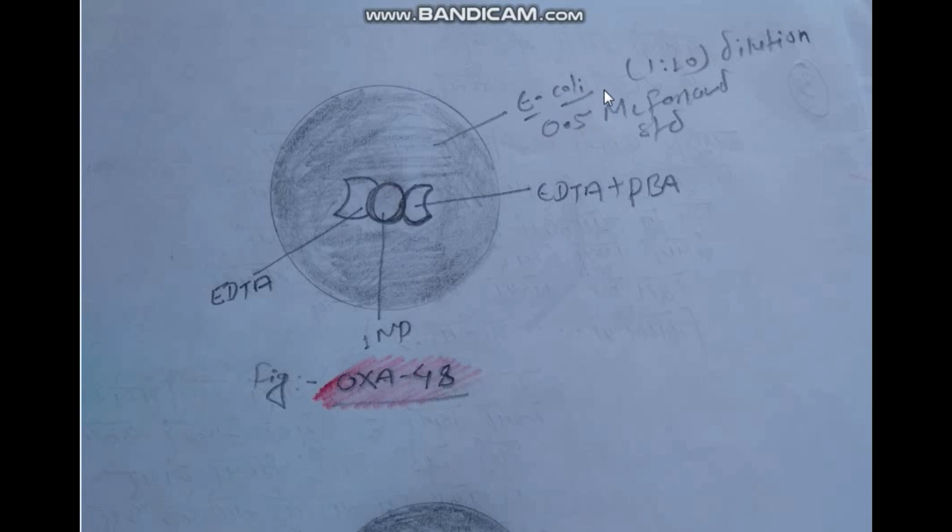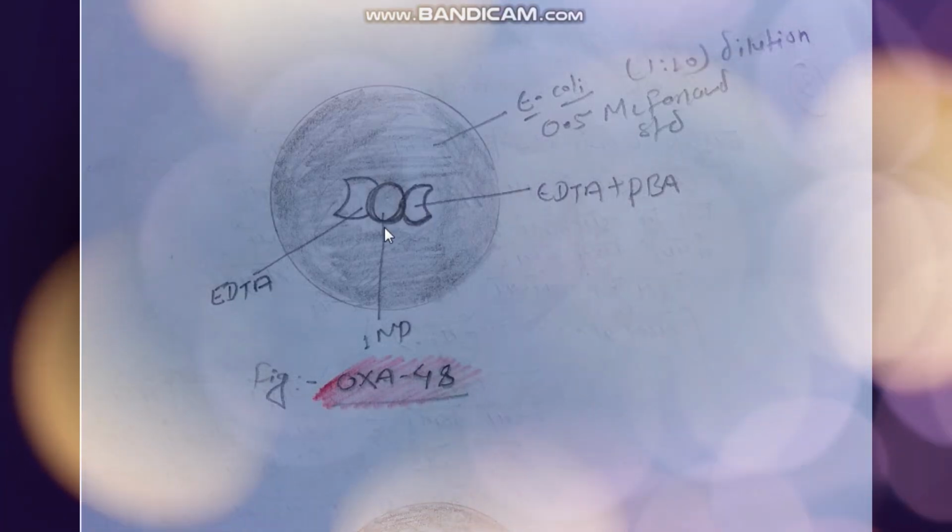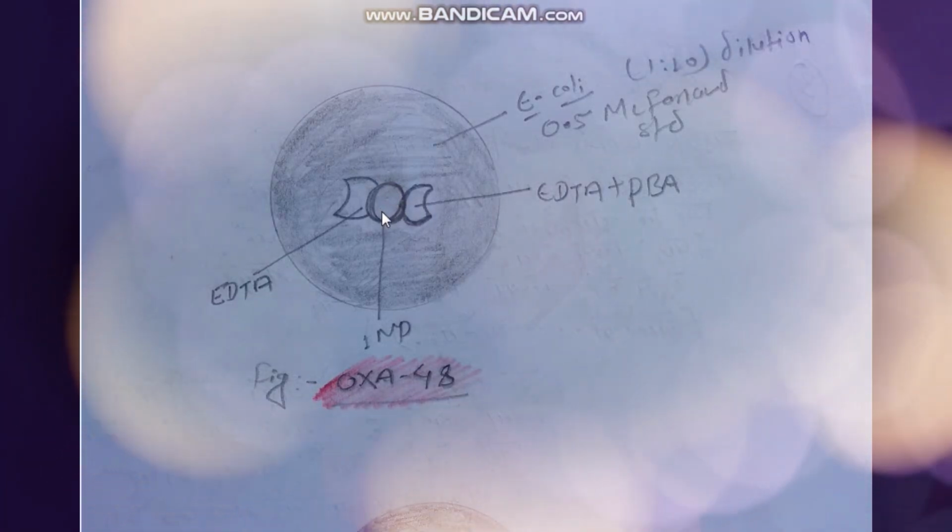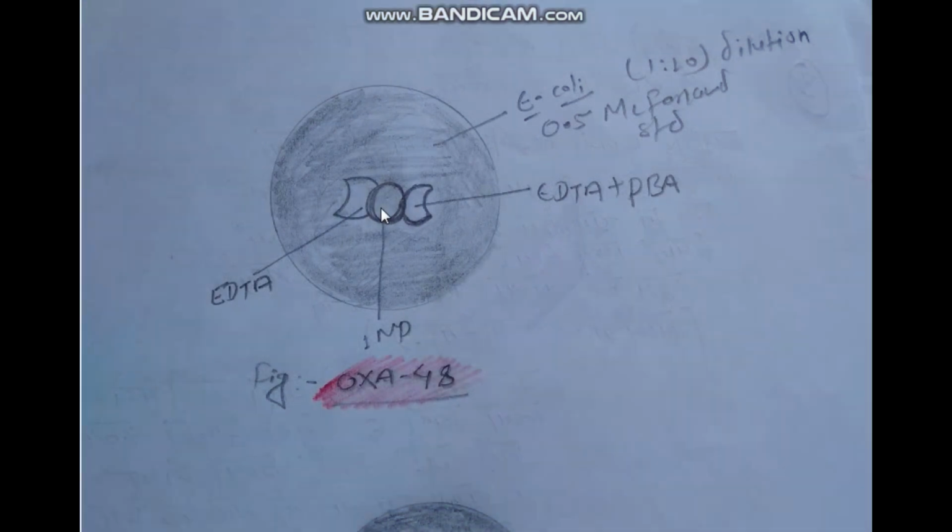From this solution, 10 microliter was dispensed onto one of the two discs containing EDTA. The discs were then dried and used within 60 minutes.